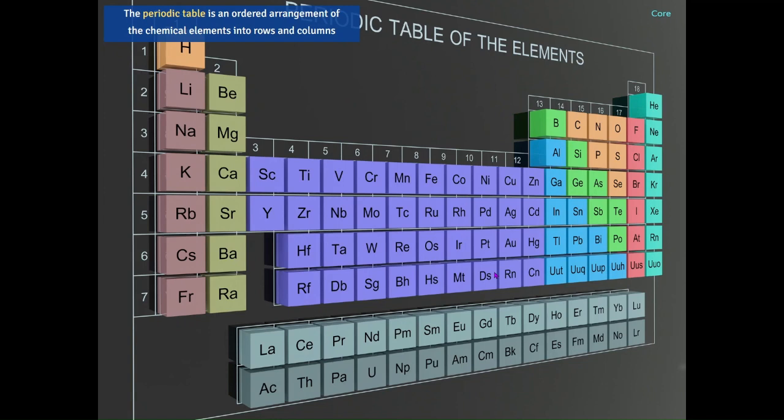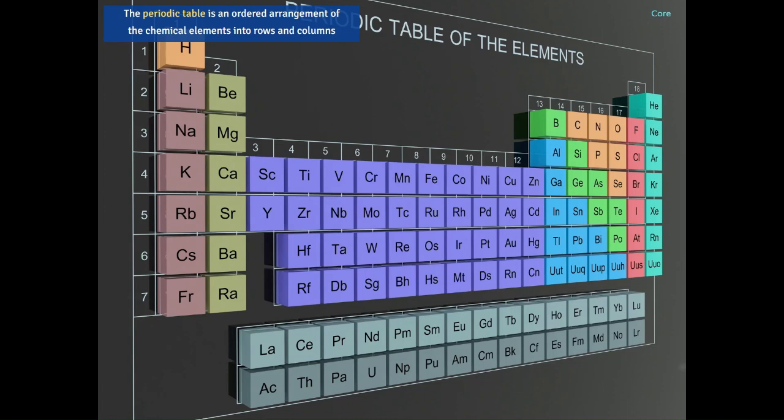The periodic table is ordered in a very special way. It's an ordered arrangement of the chemical elements in rows and columns. It's really important that you know how to look at the periodic table and glean the information that is on it.